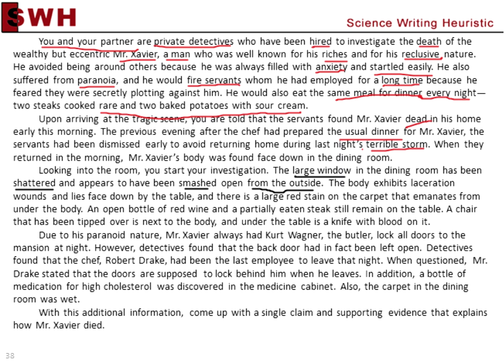As you think about that, we're now getting some claims in there. Poisons from eating rare steak. The wine is a red stain. Can't explain the window. So he was poisoned. There's one. High cholesterol.